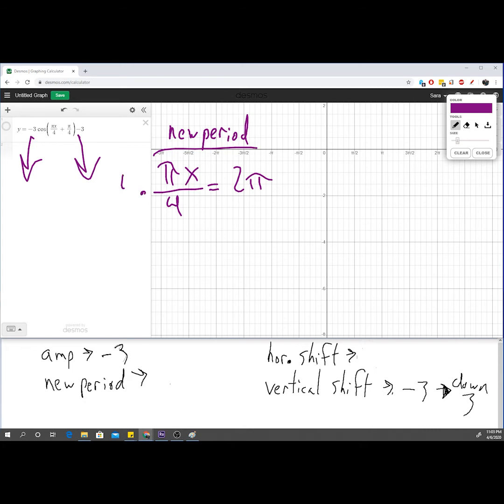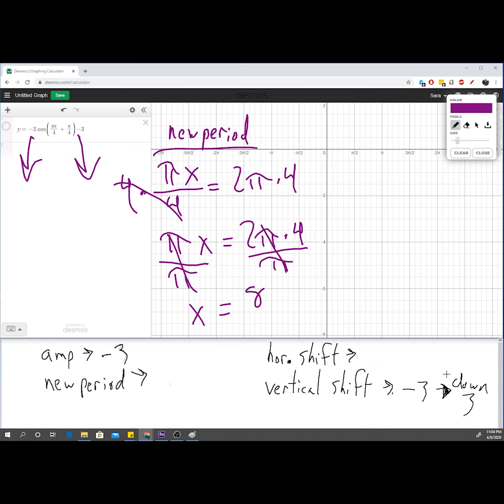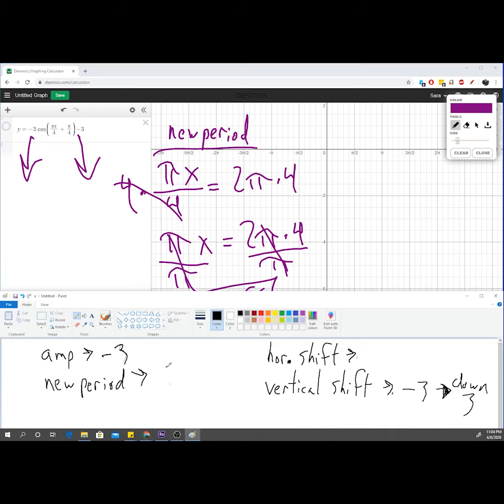And then piece by piece, I'm going to use this to solve for x. So I get that my new period is equal to 8.